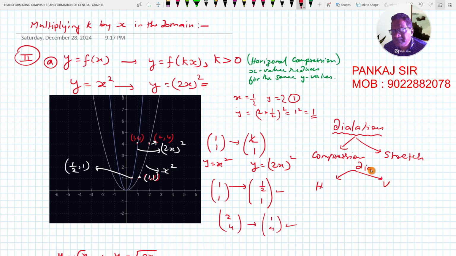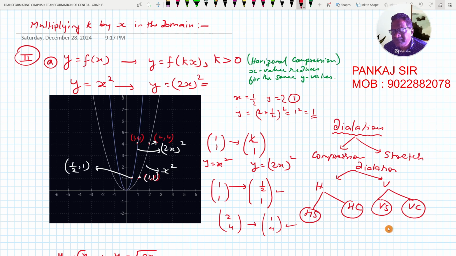So dilation can be horizontal or vertical, and again it can be horizontal compression (HC) or horizontal stretch (HS). If it is vertical, again it can be vertical stretch or vertical compression. So these are the other four types of transformation that we are going to deal with: horizontal stretch, horizontal compression, vertical stretch, and vertical compression.